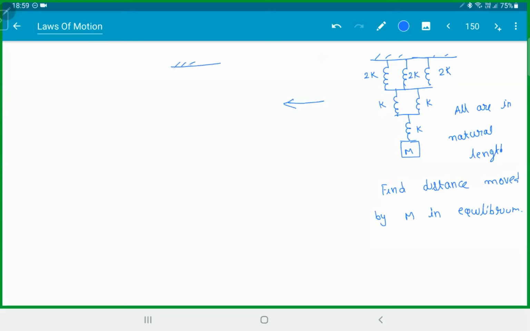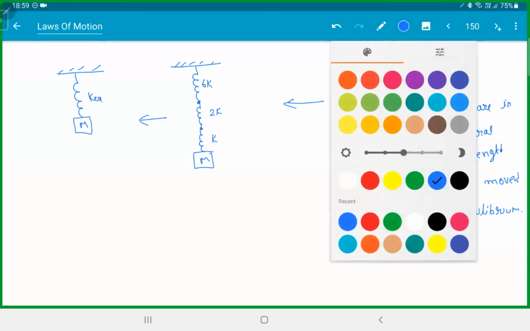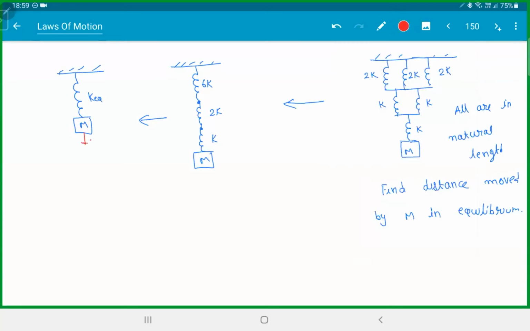You can replace them with 6K, 2K, and K. And you can replace this with one spring, K equivalent. So this is mg.